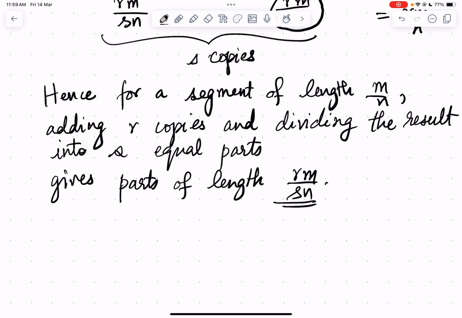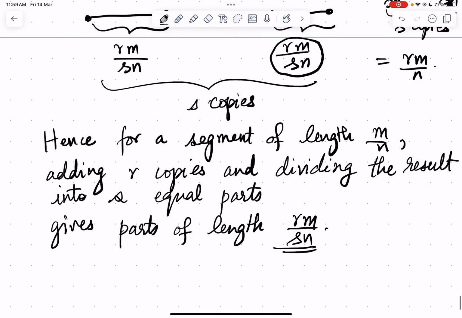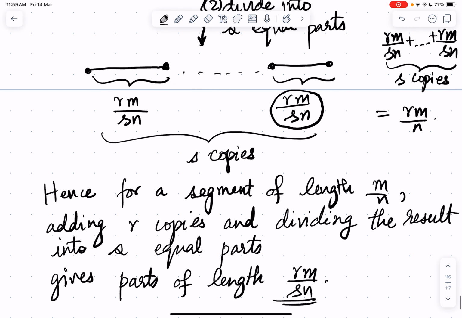So if we begin with length m by n, add r copies and divide the result into s equal parts, we get parts of length rm by sn. So this is one way to interpret the product of two rational numbers, r by s and m by n.